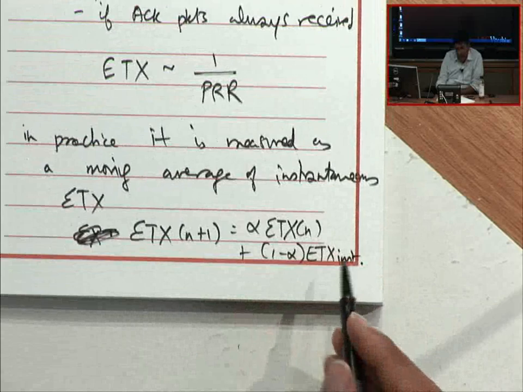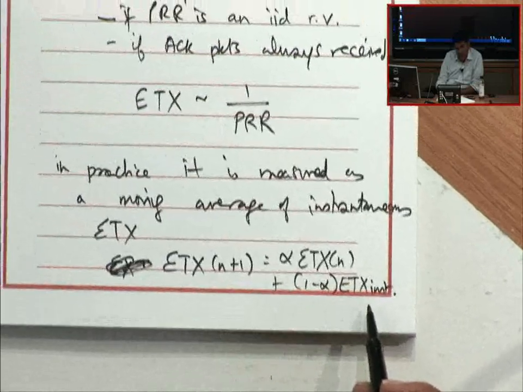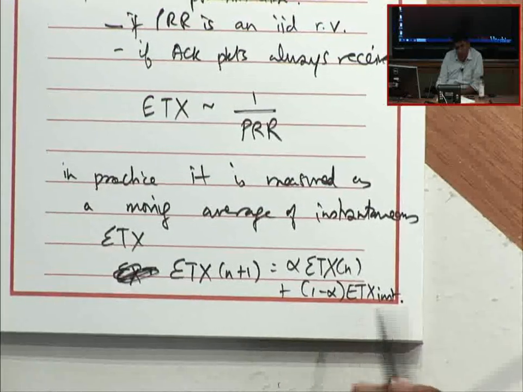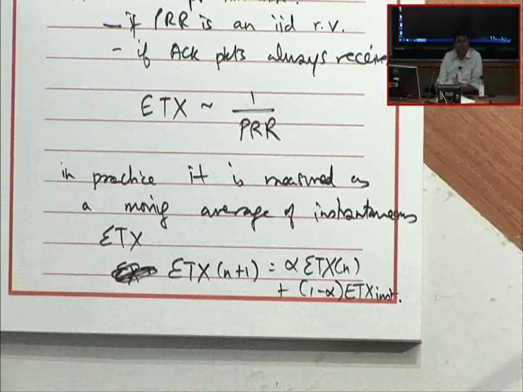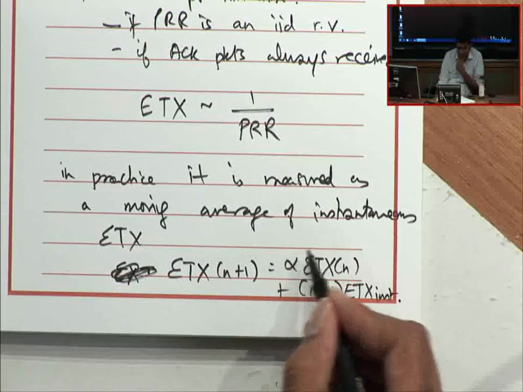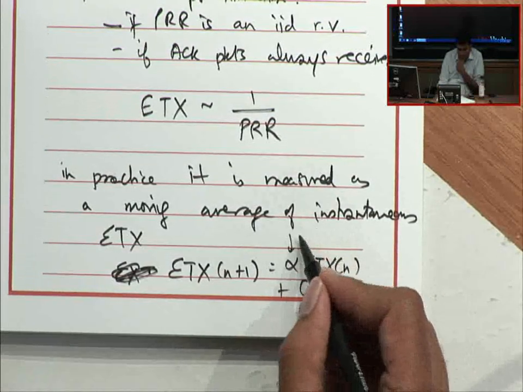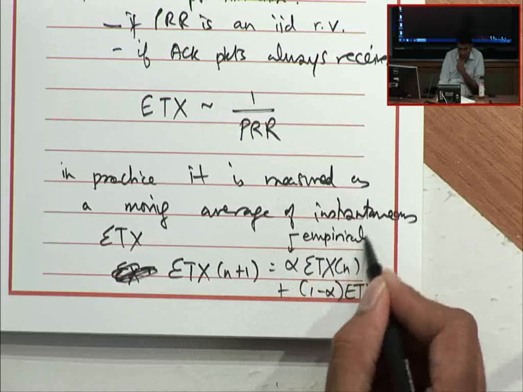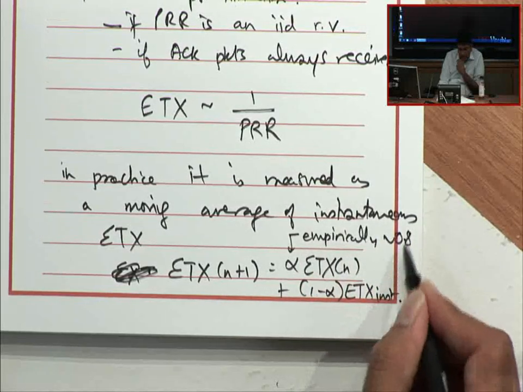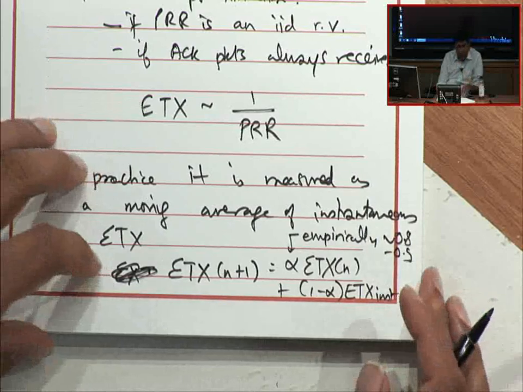Okay, and the instantaneous ETX you measure typically by actually sending packets and counting. Like when I send the last packet, how many times did I have to transmit before I got the ACK back? And this alpha is just a smoothing parameter, and you typically choose it empirically. And we said it's about 0.8, 0.9 is what ends up working out in many systems.